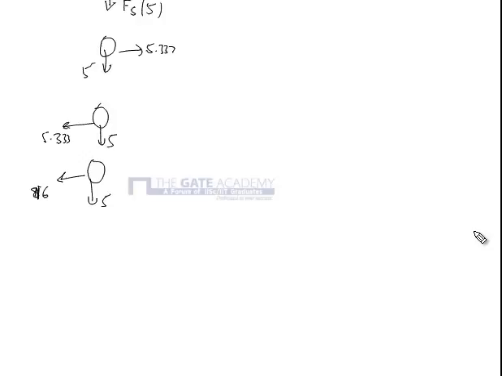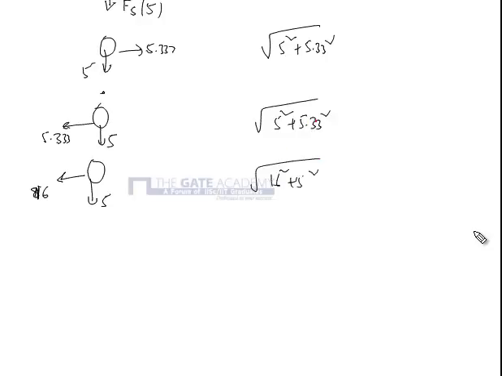The primary load and the secondary load act perpendicular, so the total load is the resultant of these two: 16 square plus 5 square on rivets 1 and 4, and 5 square plus 5.33 square on the other two. So the critically loaded rivets are 1 and 4, and the resultant load is 16.76 kilonewton.